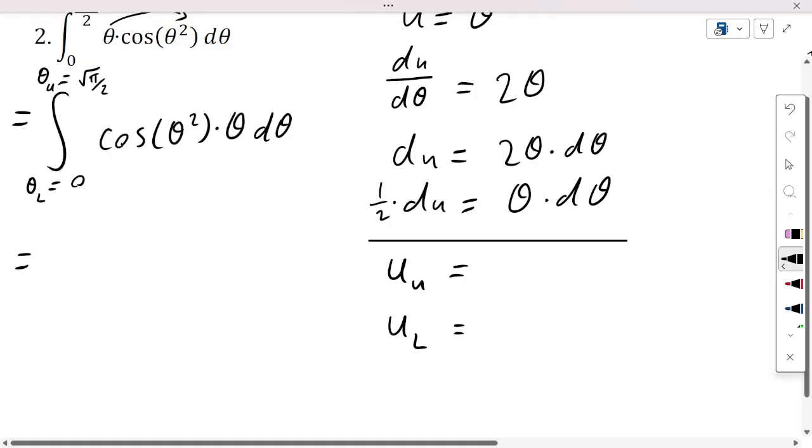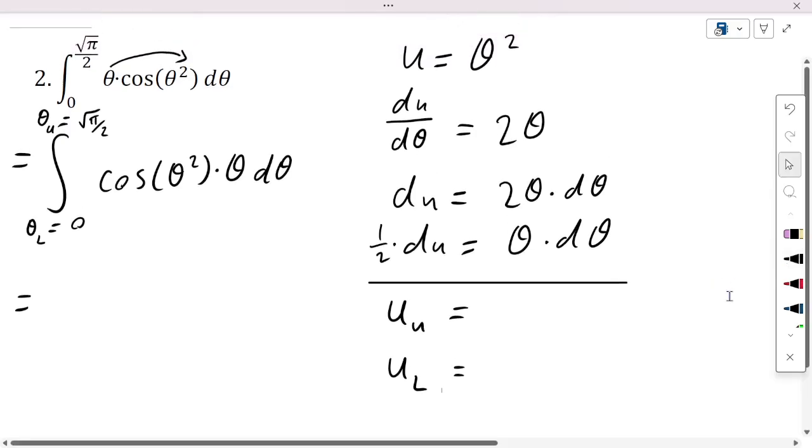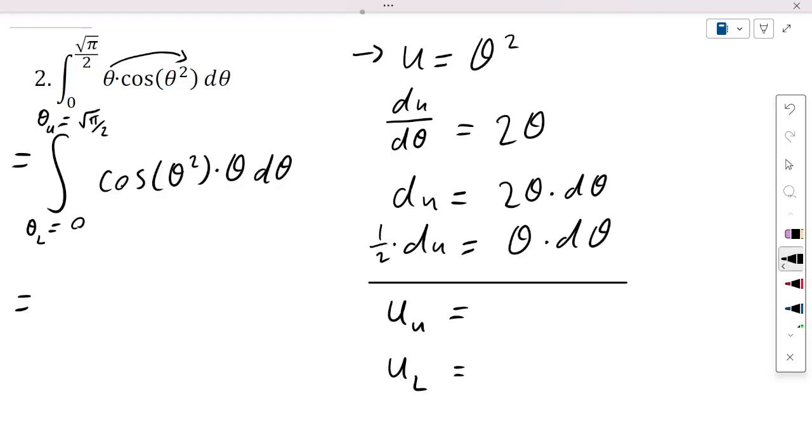And how do we find this? Well, we take what we have: u is equal to theta squared. For the upper limit, we substitute the upper limit theta, which is root pi over 2. So it's going to be root pi divided by 2, raised to the power of 2, because the exponent 2 is over here.